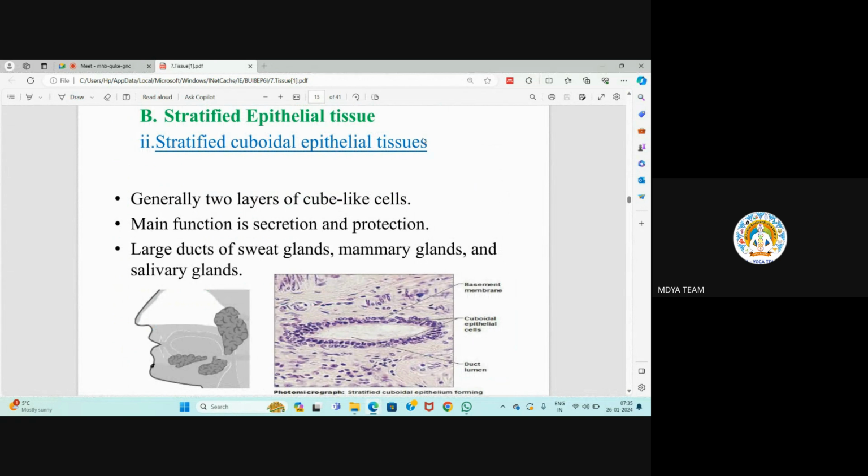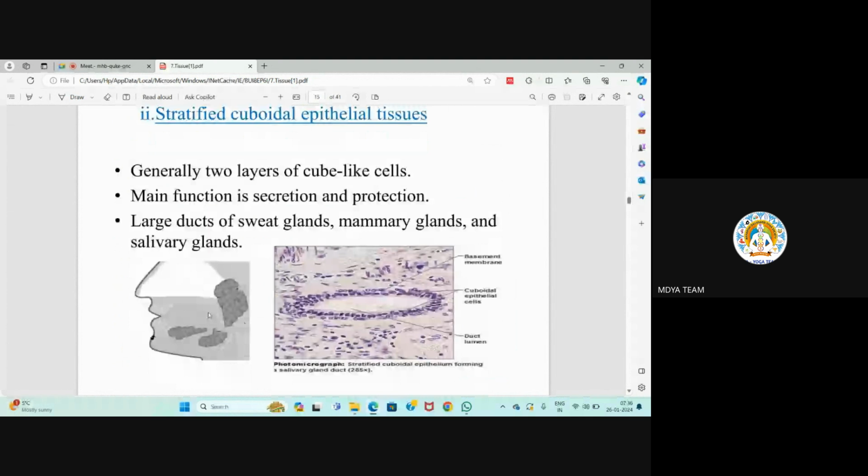Means in this type of regions we can find stratified cuboidal epithelium. Normally glands like sweat glands, mammary glands, salivary glands. Here you can see the picture of the salivary glands. These are the three salivary glands. Okay.